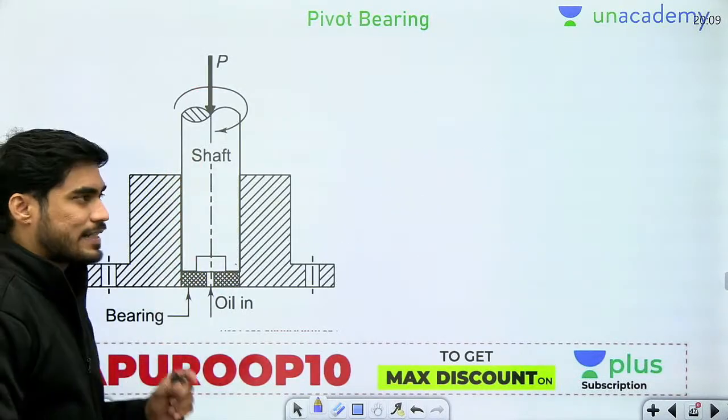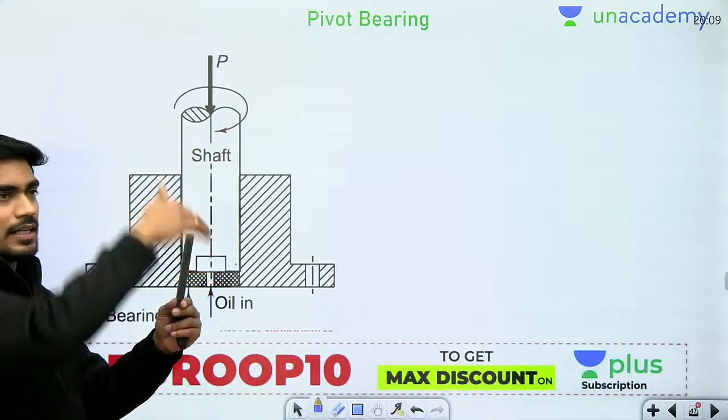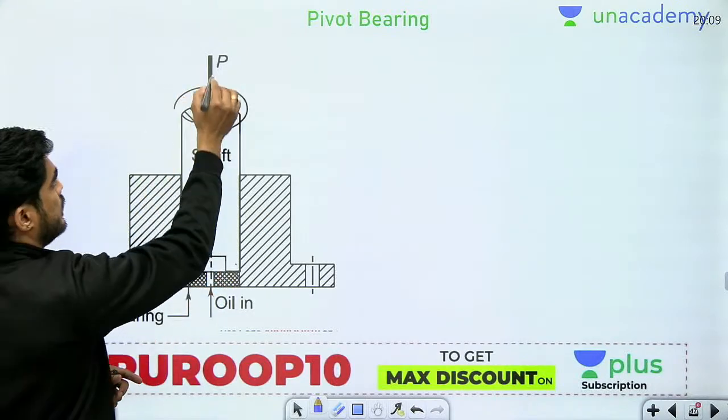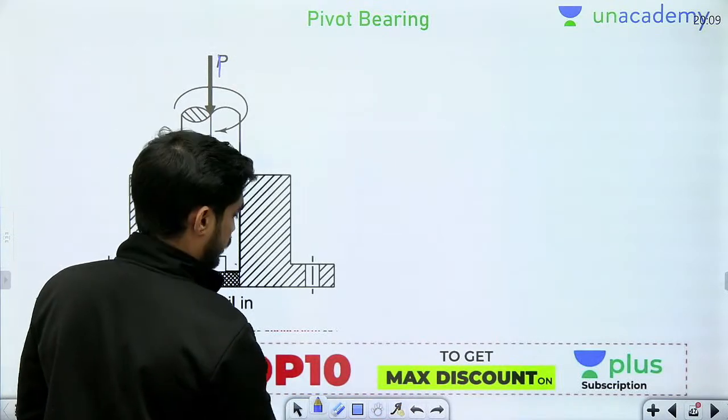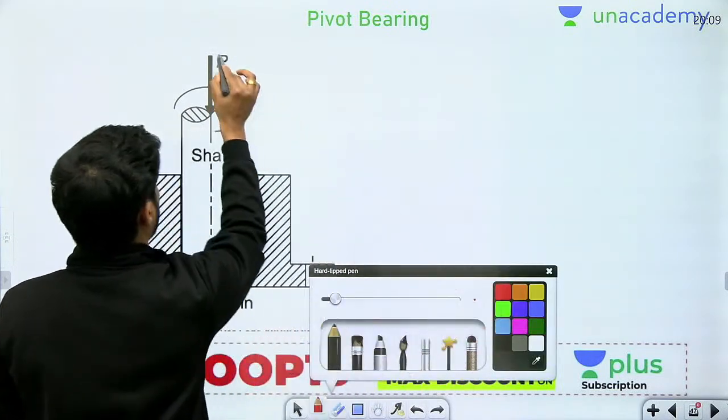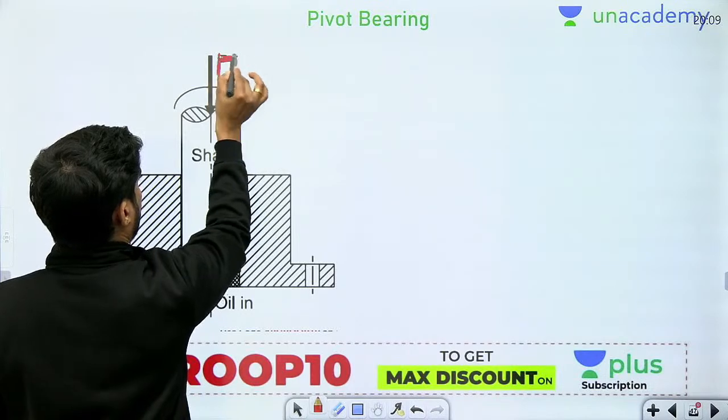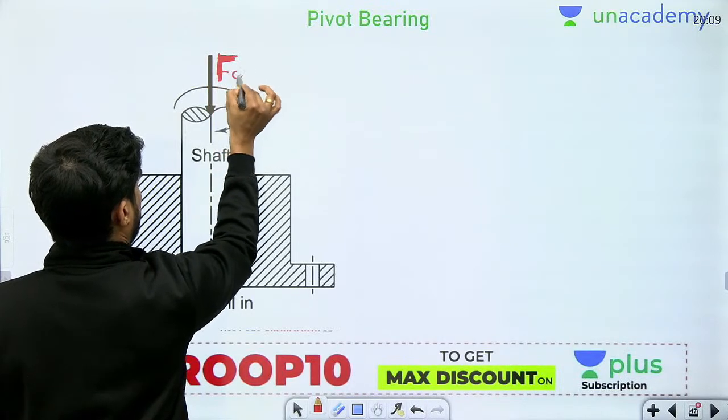Okay, so beta, understand, this is the vertical shaft and this is the axial load. I should name it FA. This is the axial load FA.